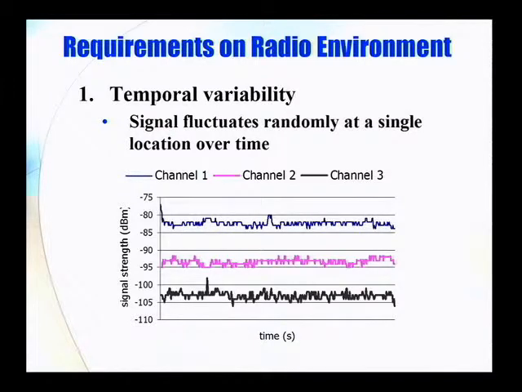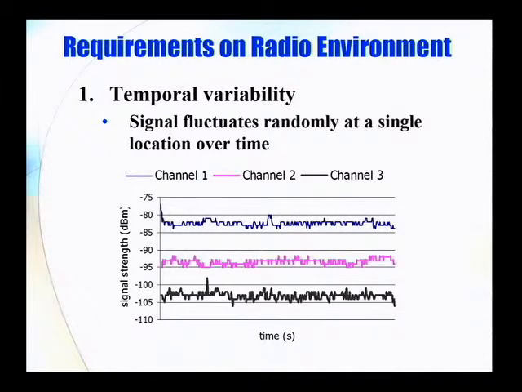We are assuming that the radio environment at a given location changes over short periods of time. If that was not the case, it would be trivial to determine how the environment looks at that particular location. What we're seeing here is signal strength from 3 radio sources.